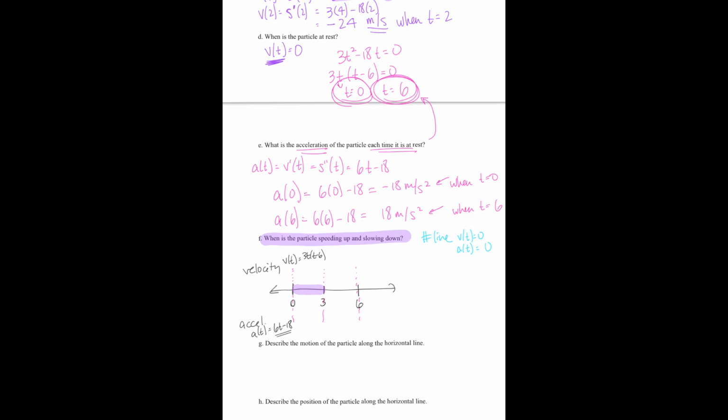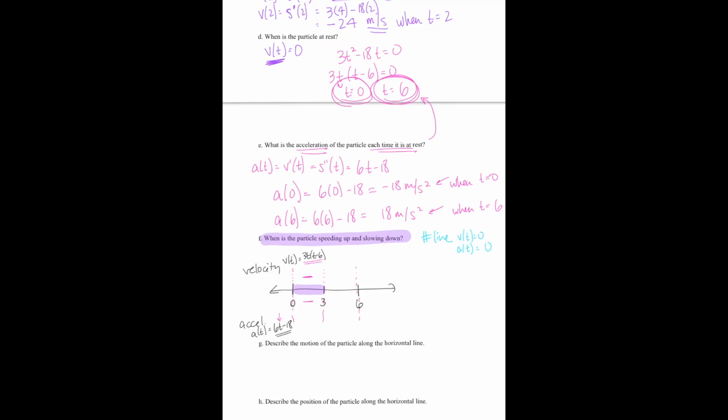So when I plug 1 into this velocity function, I get negative. 3 times 1 is 3. 1 minus 6 is negative 5. I multiply those together, I get negative. And when I take that exact same 1 and plug it into the acceleration function, I also get negative.